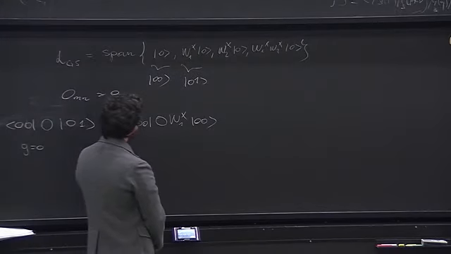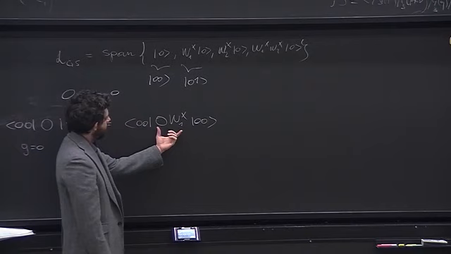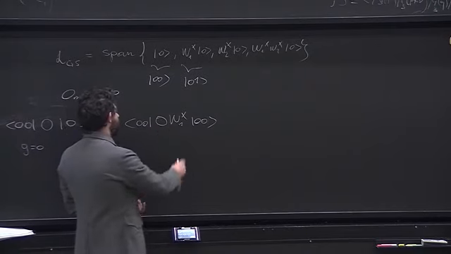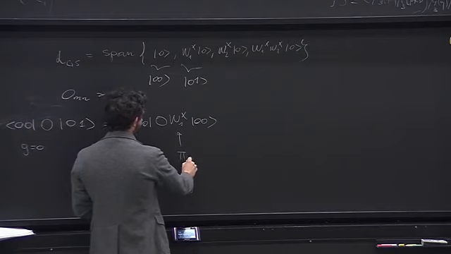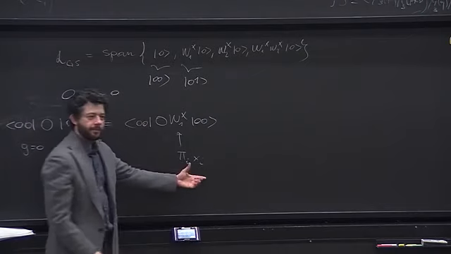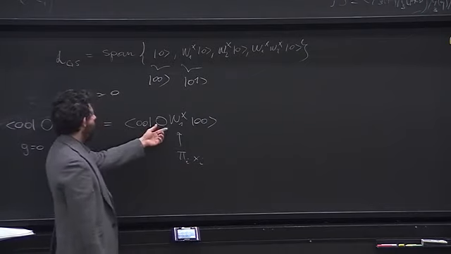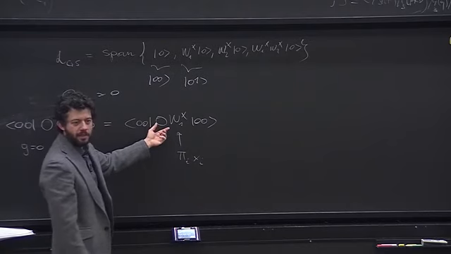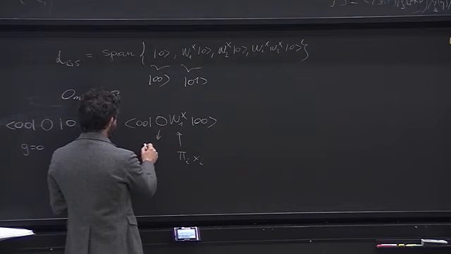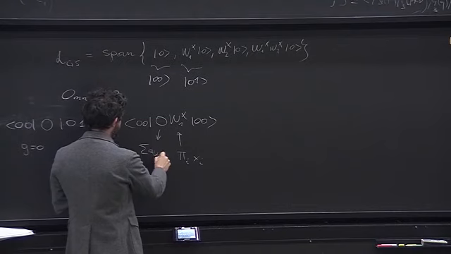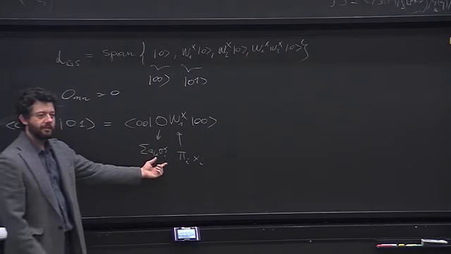Now, you see, this is a product of X's. And this can be anything. It can be the sum. This is some algebra, right? So this is something like a sum with some coefficients. Something like this.